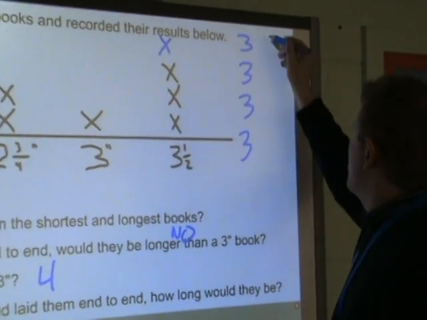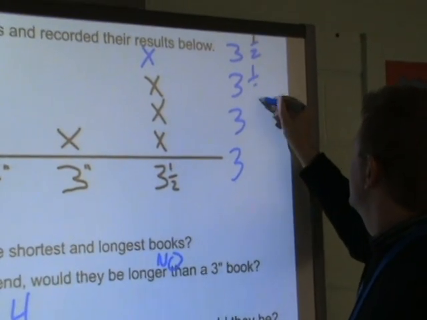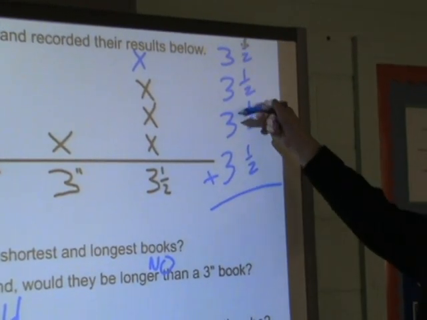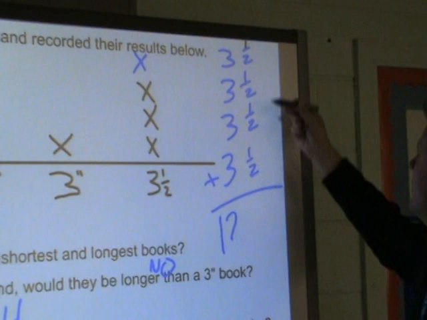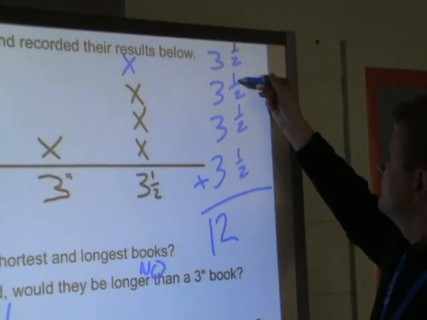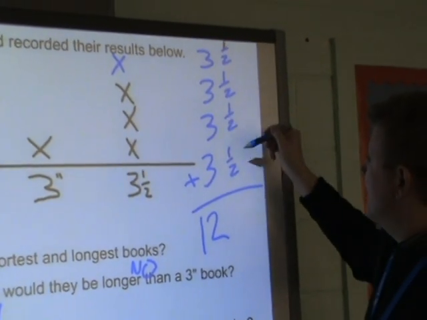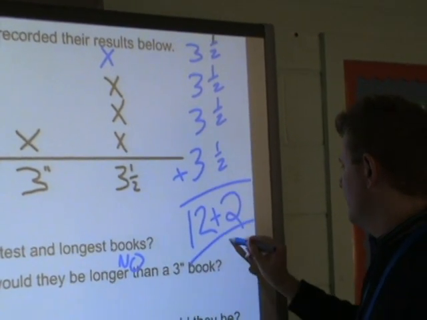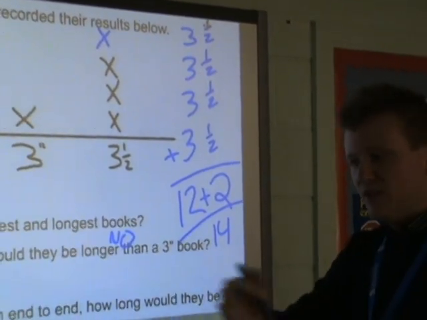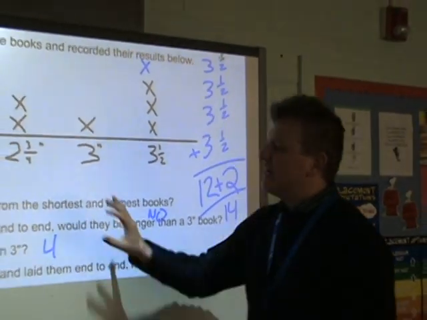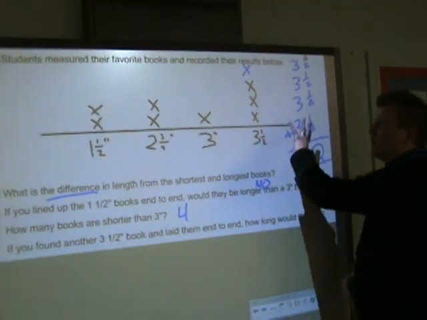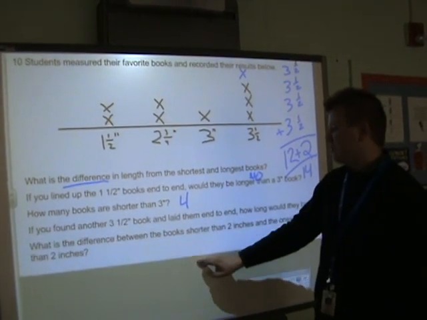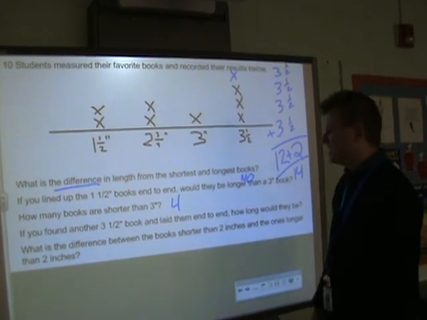It's not hard, but we got to do it. 3, 6, 9, 12. 1/2 and 1/2 is 1. 1/2 and 1/2 is 2. 12 plus 2. 14 inches if you laid them all end to end. Now I hope you're starting to see how even though this is a very simple graph, it's giving us all kinds of information.